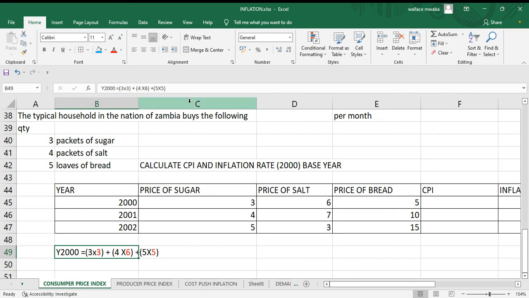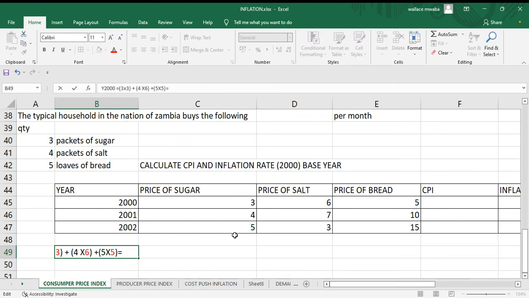So we're going to do the calculations. 3 times 3, that is 9. 6 times 4, that's 24. And 5 times 5, that is 25.